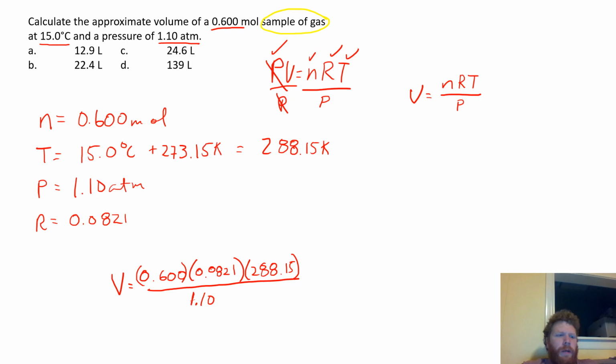So simply by being able to manipulate that algebraically, you're going to be able to answer this problem. 0.6 times 0.0821 times 288.15 divided by 1.1 equals our volume of 12.9 liters. Do we have any answers that reflect that? Yes, we do. Answer option A is our correct answer.